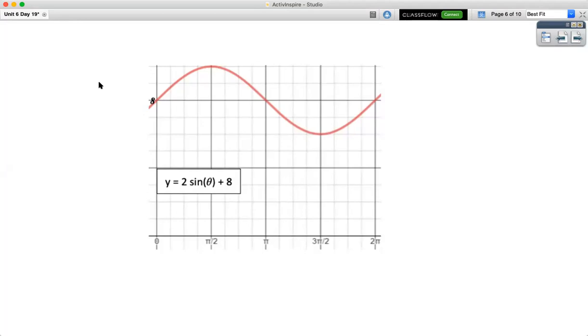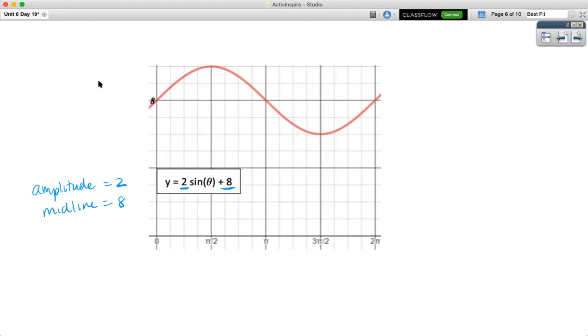I notice in my function that there is a number 2 directly in front of my sine, and that tells me I have an amplitude of 2. I also notice that it says plus 8 at the end. That plus 8 tells me my midline. Knowing those two pieces of information, I'm actually able to graph this function.